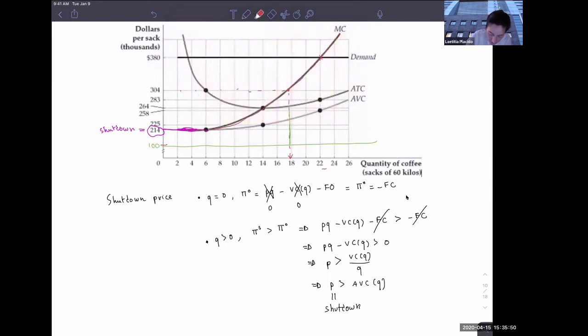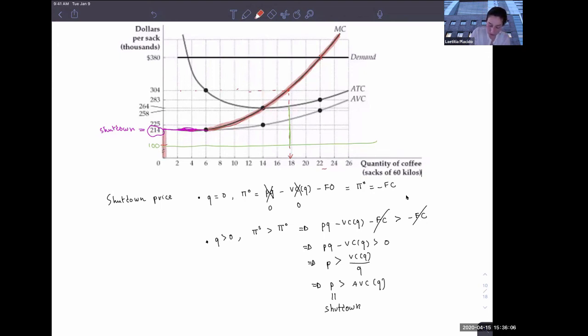So we said that for price above the shutdown price, the firm optimally reacts by producing along the marginal cost curve. But if the market price falls below its shutdown price, then the firm is going to produce 0.